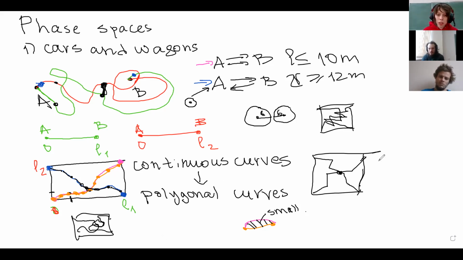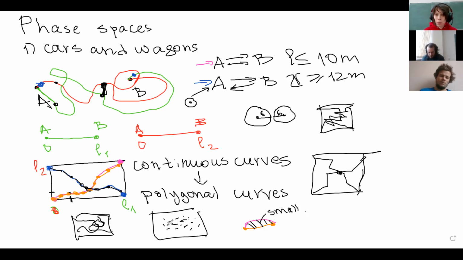But when we get these intersection points by lessening the distance between the continuous curve and the polygonal curve, we will get a set of intersection points inside our rectangle. And there will be infinitely many points because we can lessen the distance infinitely many times.